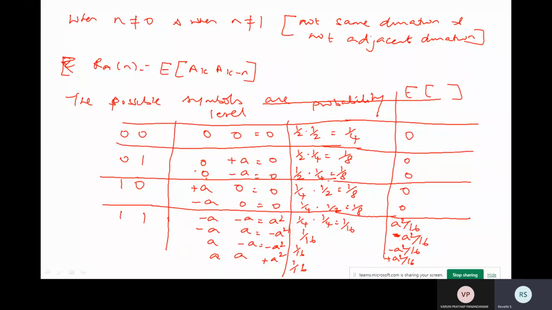So everything will get cancelled out. So you have RA of N equal to 0 when N is not equal to 0 and when N is not equal to 1. Okay.